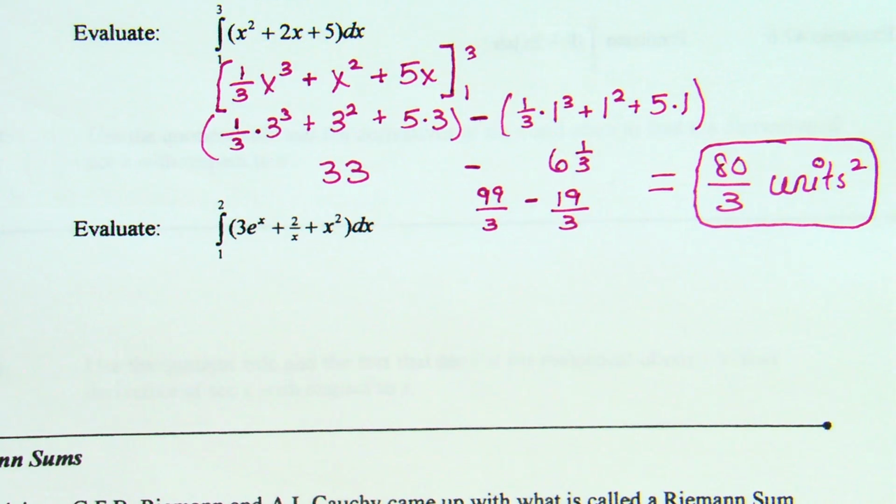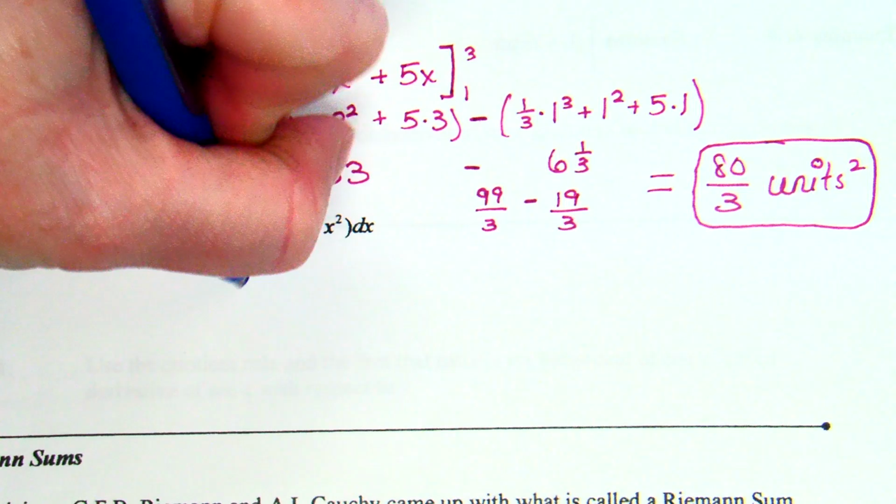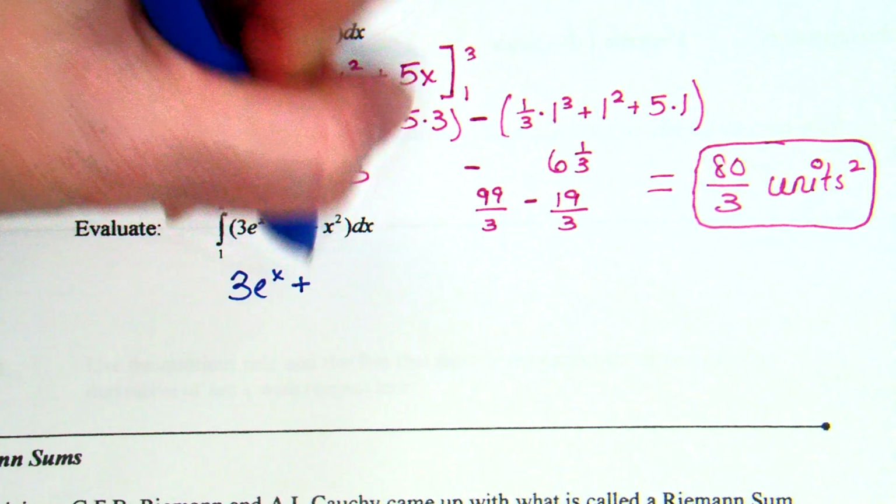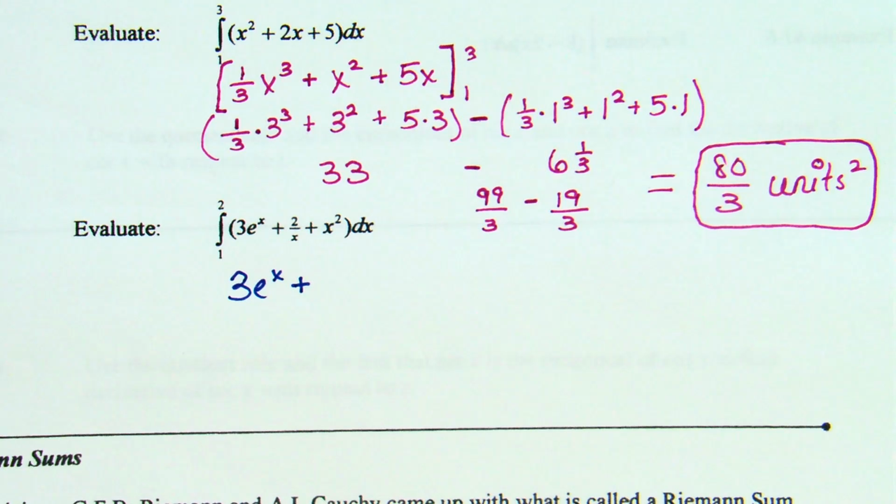Okay, what's your brain doing first? The integrals. What's the integral of 3e to the x? 3e to the x, yes. Just remember, derivative and integral of e to the x is just e to the x. Plus integral of 2 over x.